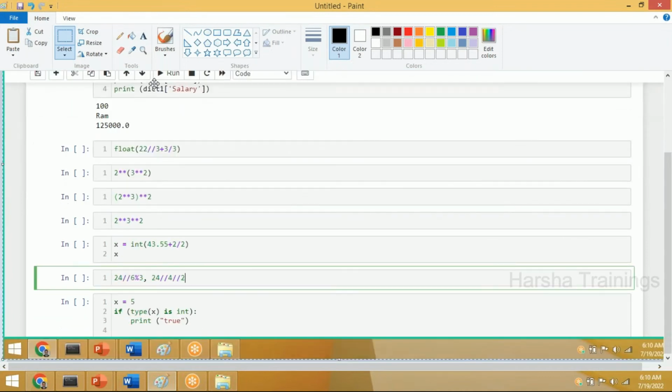If you look at these examples, who will come first? Parenthesis. PEMDAS: parenthesis, exponent, multiplication, division, addition, subtraction. Now here I don't have parenthesis.